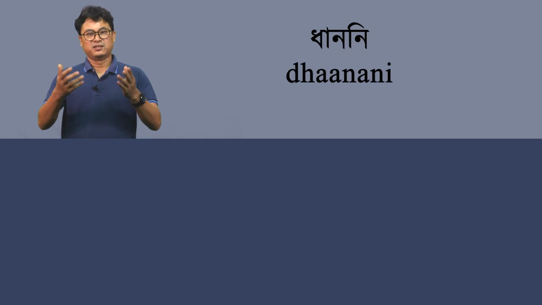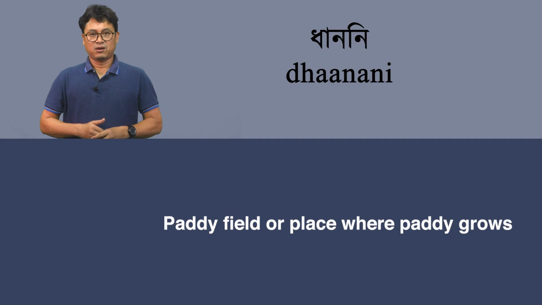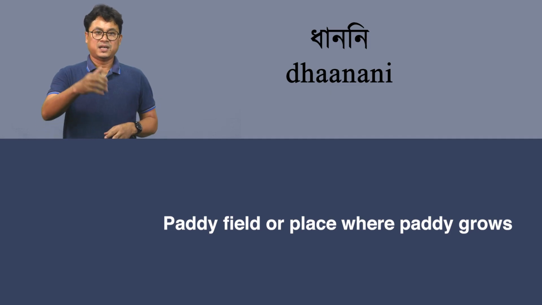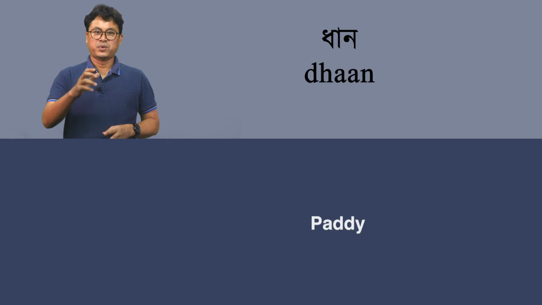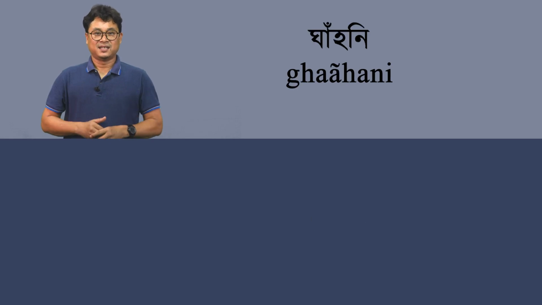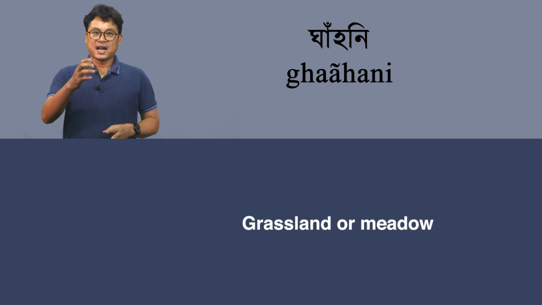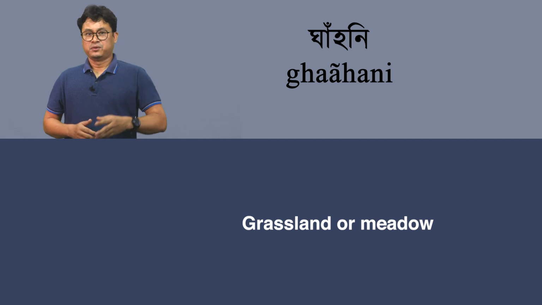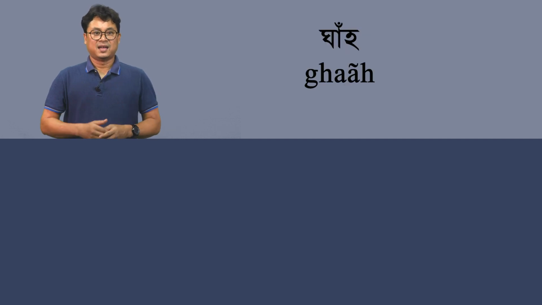Dhanoni means paddy field or place where paddy grows, from dhan, which means paddy. Ghahoni, which means grassland or meadow, from gha, which means grass.